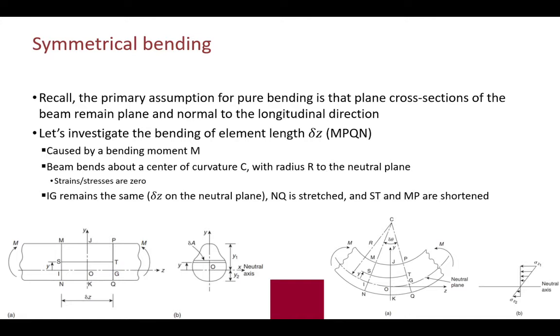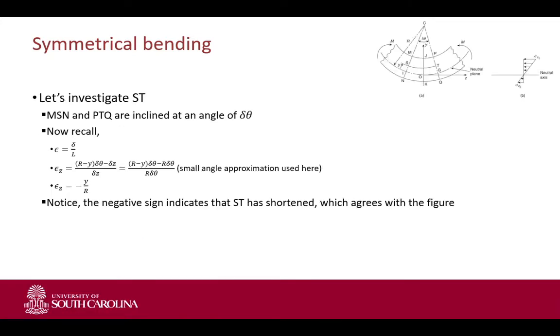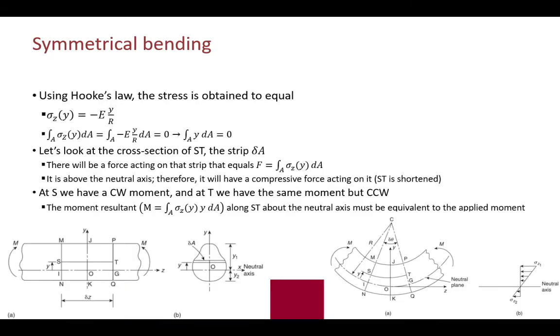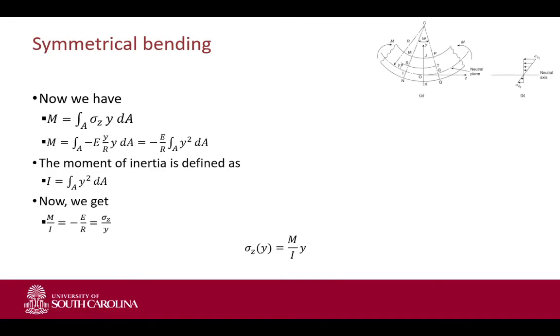And then we derived by looking at an element before and after bending and different segments what the stresses would be. And basically, at the end of the day, we get an equation that gives us a relationship between the direct stresses and our moment that we apply to it, our moment of inertia, and our location y, which is from the centroidal axis.